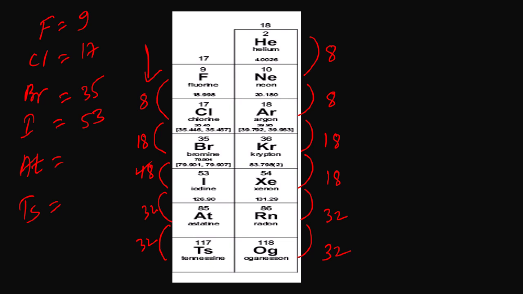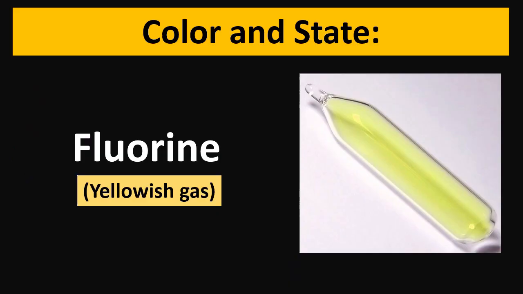Again 53 plus 32, that is 85. And again 85 plus 32, that is 117. So by using this trick, you can easily find the atomic numbers of all these atoms. I hope you like this.